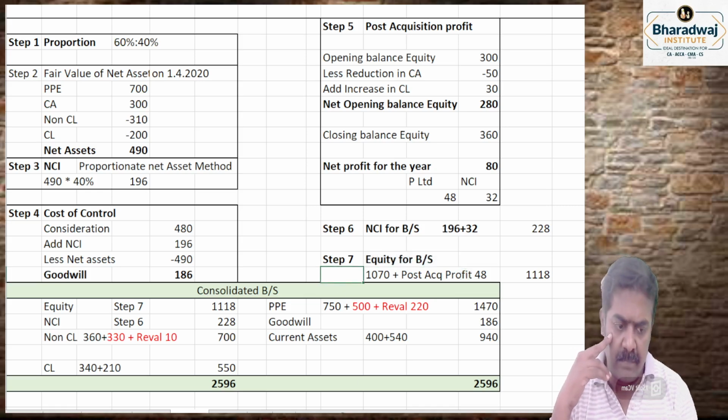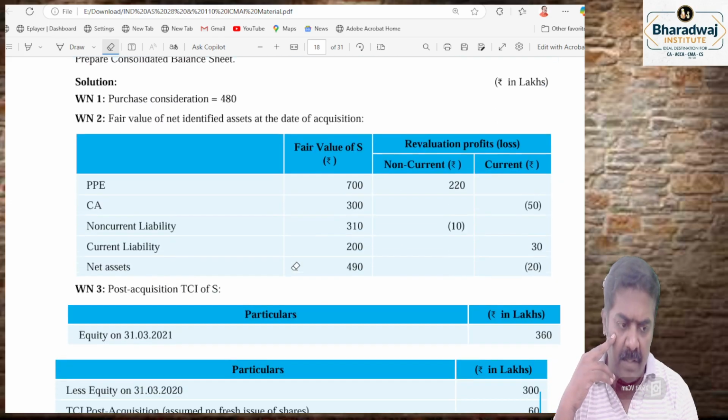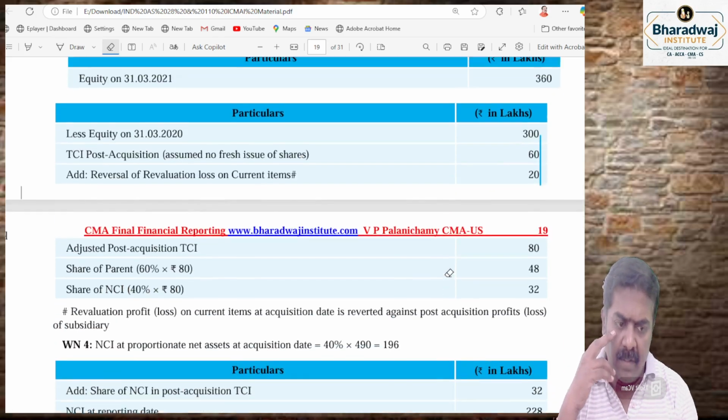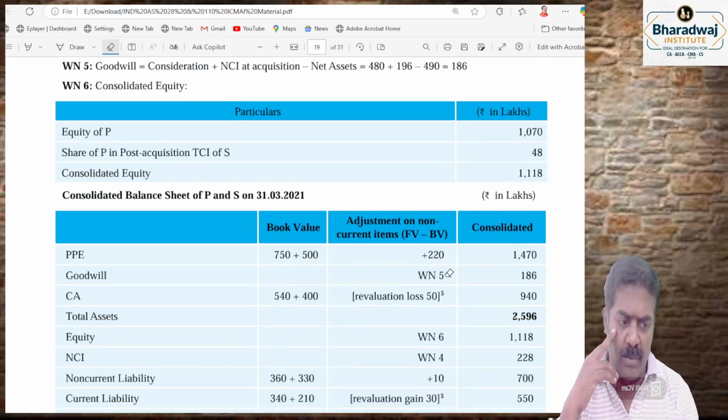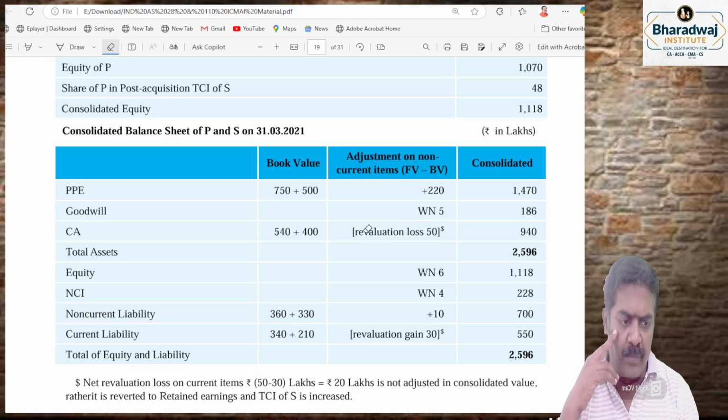Done. Matches with the textbook answer. They would have done some calculation, and don't ignore that. Just check it: 1470, 186, 940, 2596.